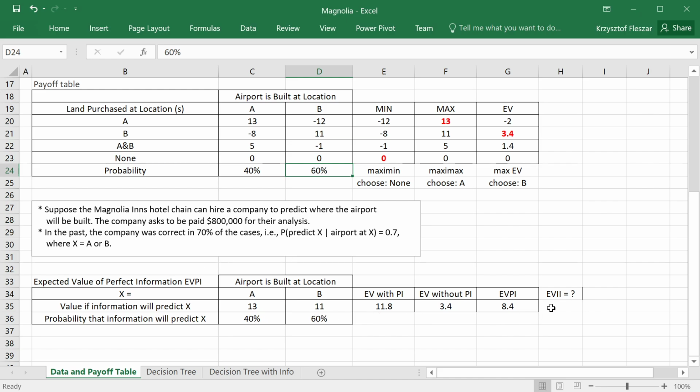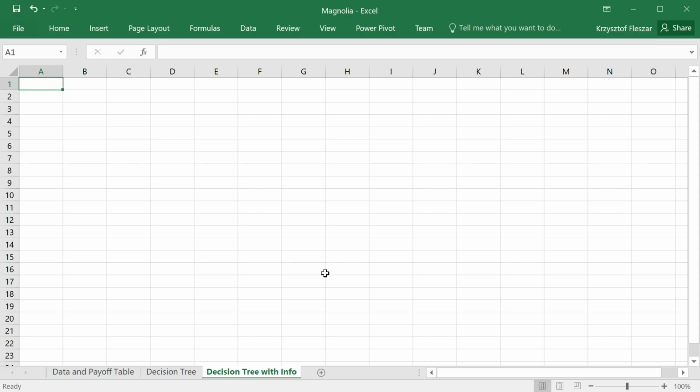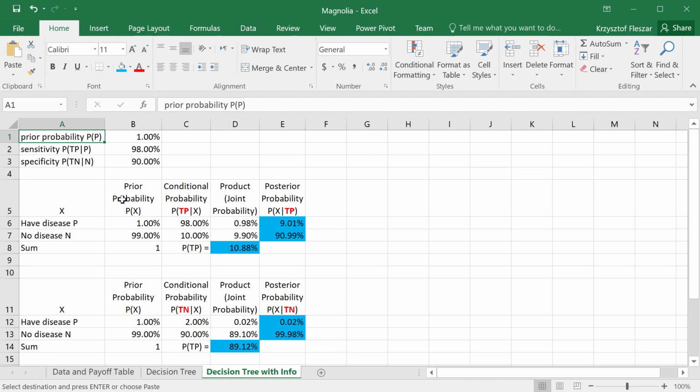Now, this is a very analogous case to our medical test result. So what I'm going to do is just copy the table for the medical test result. Here was the analysis of probabilities and calculation of posterior probabilities for the test.